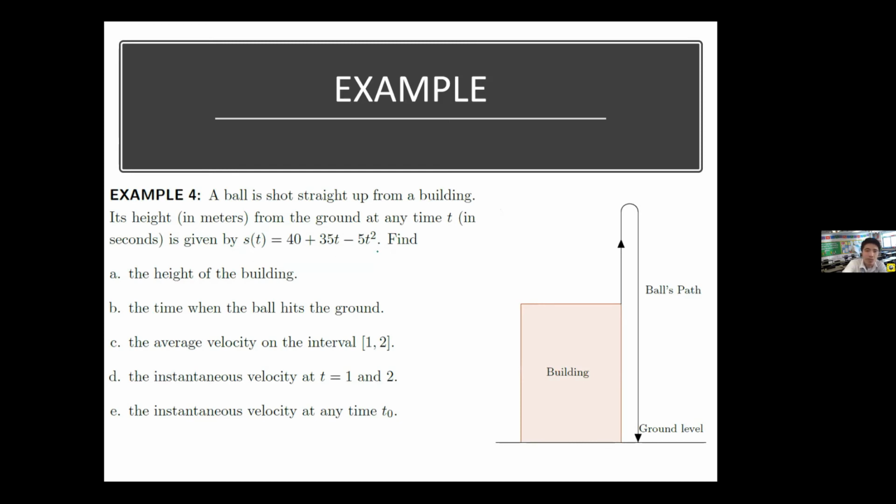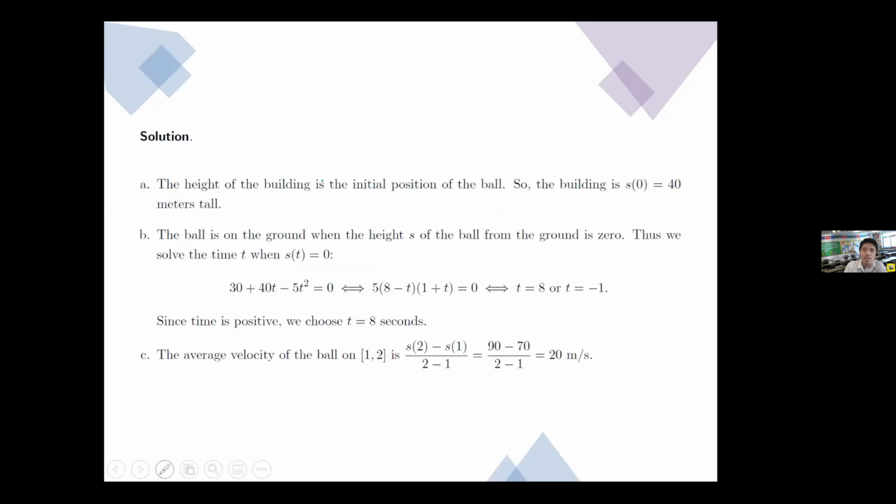I-discuss na lang nato ang solution. So, to solve for the height of the building, meaning, the height of the building is the initial position of the ball. Meaning that is s of 0. Anong s of 0 man? Ang time nimo 0 pa. Wala pa nimo giitsa.